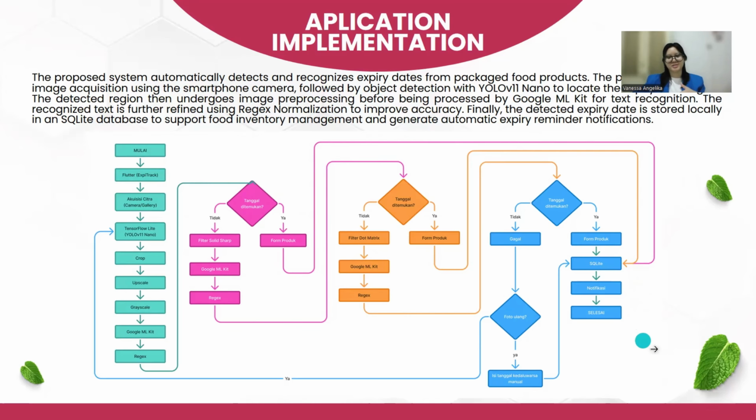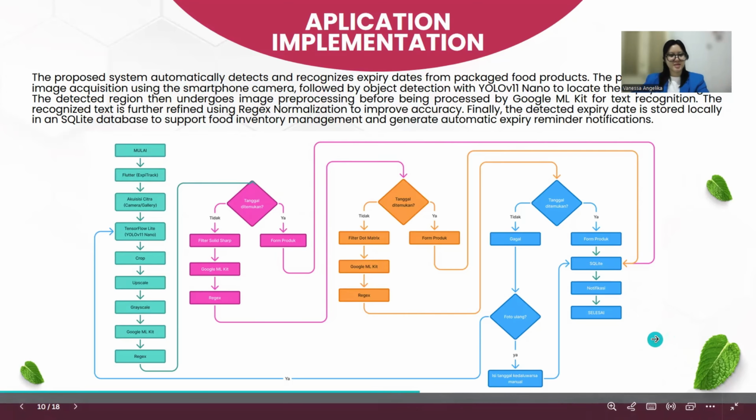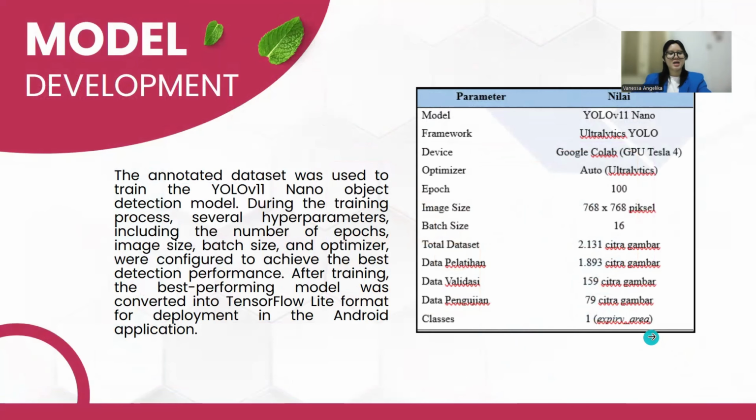almost expired. And then next, for the model development, after the dataset preparation stage, the annotated images from RoboFlow are used to train the YOLO version 11 nano object detection model.